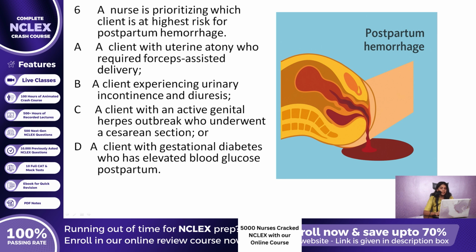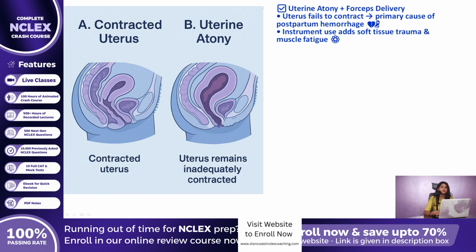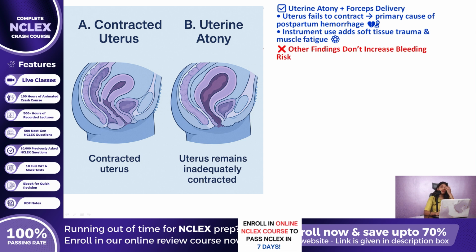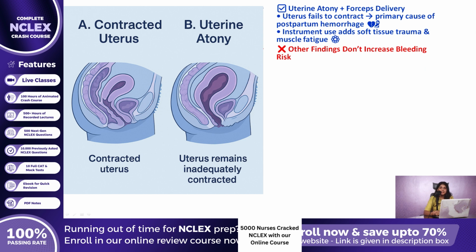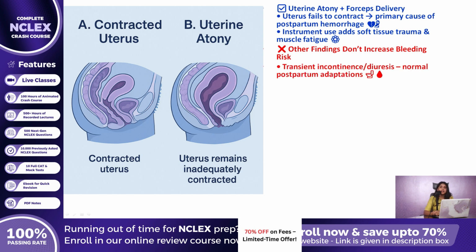A client with uterine atony who required forceps-assisted delivery, because uterine atony, failure of the uterus to contract effectively after birth, is the leading cause of postpartum hemorrhage. Instrument-assisted delivery further increases bleeding risk through soft tissue trauma and muscle fatigue. In contrast, transient urinary incontinence and diuresis are normal postpartum adaptations.